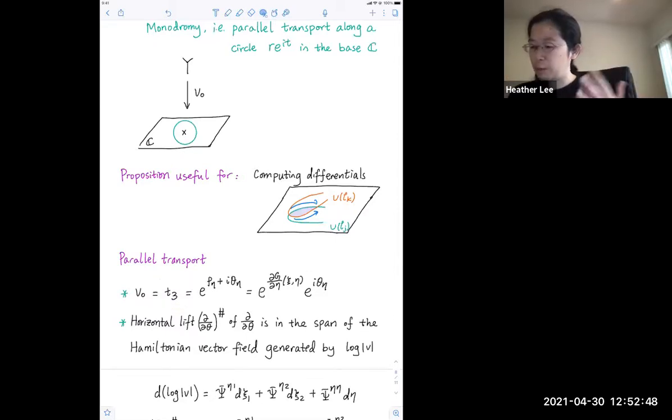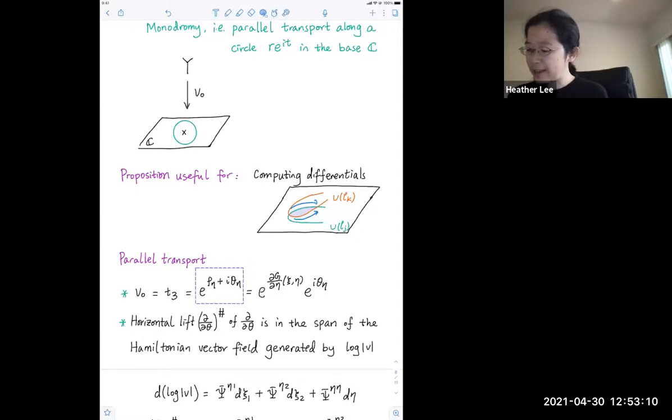So if you multiply all the homogeneous coordinates on Y, you're going to get T3 as the superpotential.